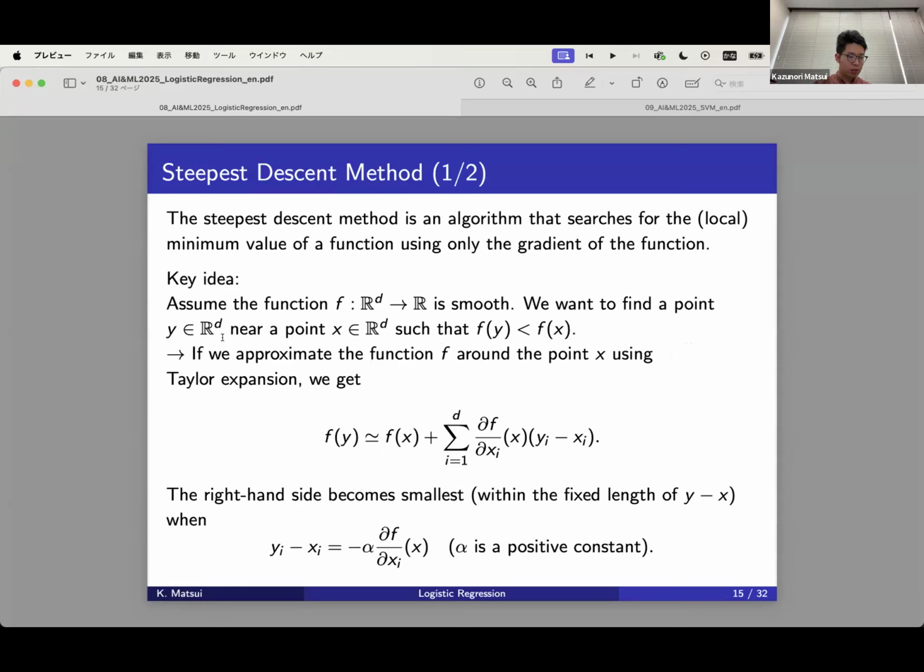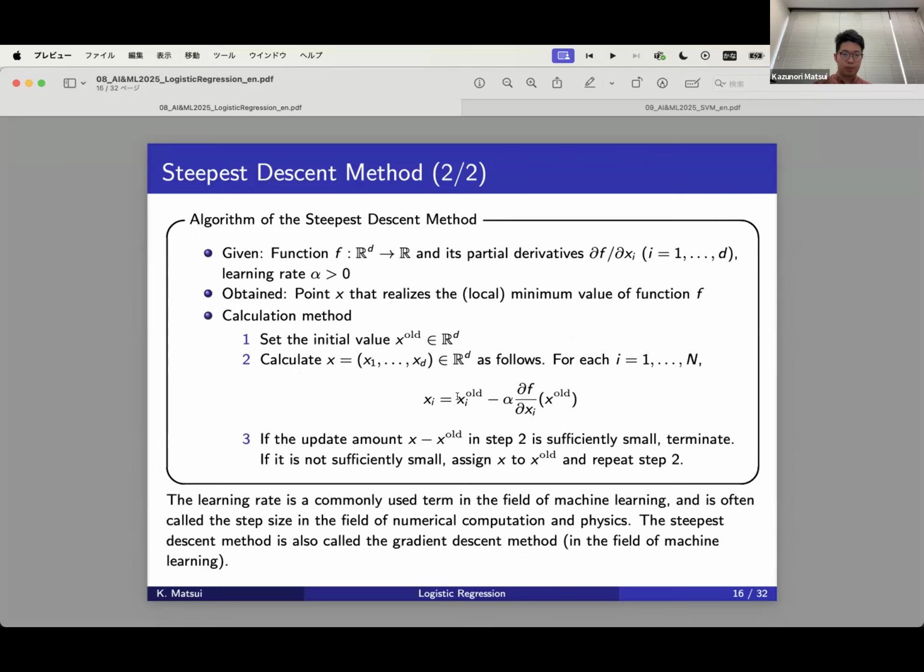We decide on some location, the initial value here. From there, we multiply the gradient by alpha and subtract it to make the next location as an update.